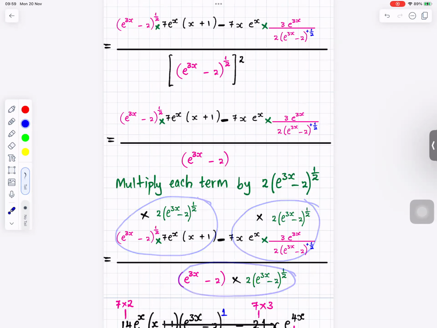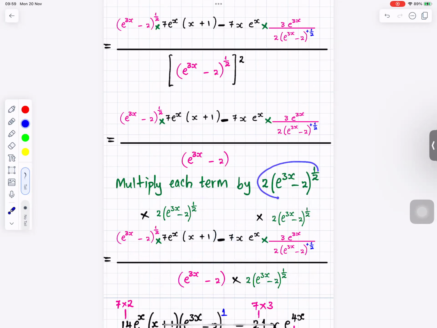And you might say, why did we choose that expression in green? That expression in green comes from this denominator here. They're the same. And the reason is we want to get rid of that fraction. So it's like saying 3 over 8. You multiply everything by 8 so that the 8 will cancel. And you get rid of the fraction. Now, let's simplify it now.